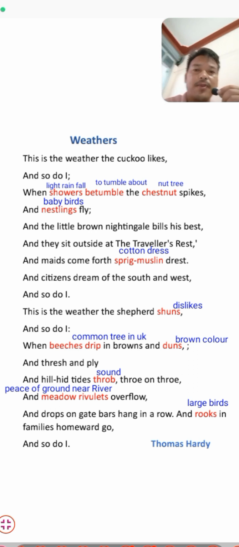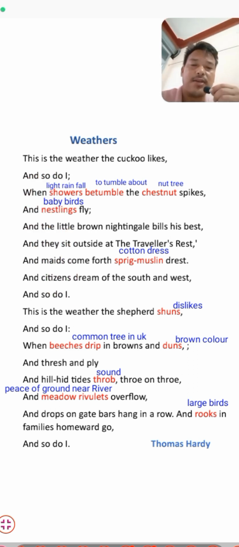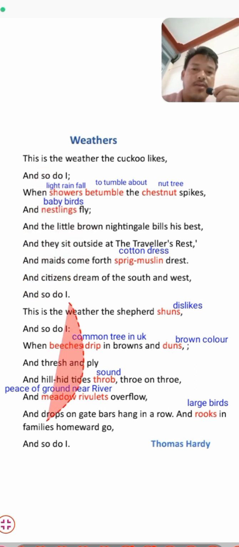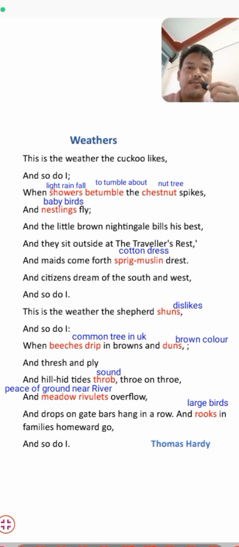In the first stanza, the spring shows the bright side of our life, and the second stanza shows the dark side of our life, that is the winter season. So it's all about the poem written by Thomas Hardy.